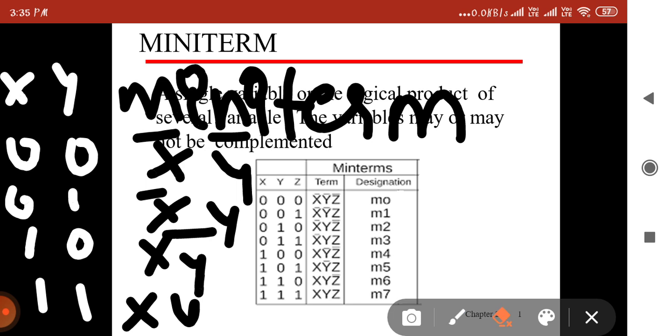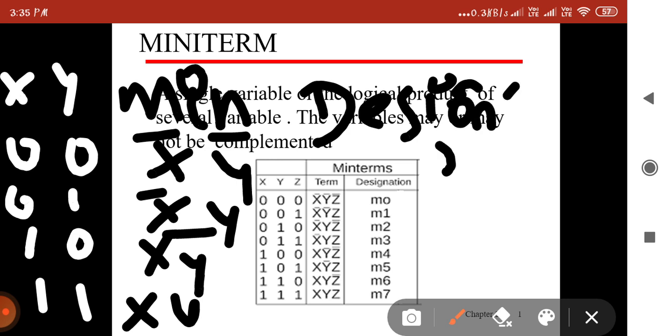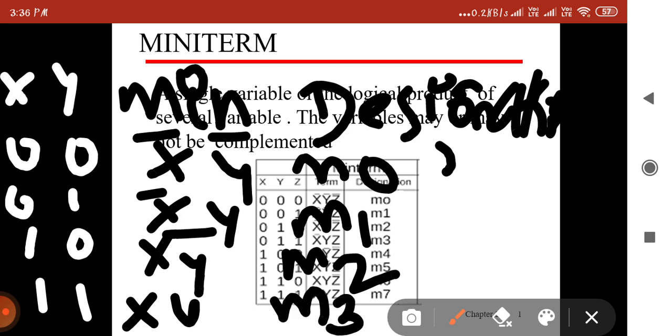Designations can be used. x bar y bar is m0, x bar y is m1, x y bar is m2, and x y is m3.